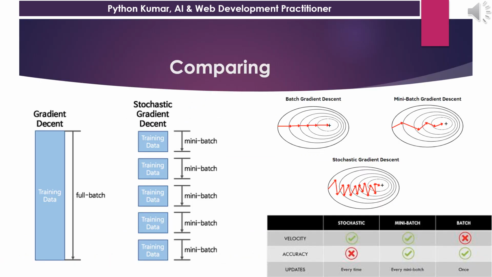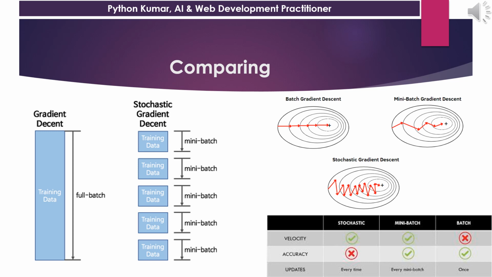Let's compare the three types of gradient descent that we learned earlier. You see on the left you have batch gradient descent, the stochastic gradient descent that cannot be drawn, and mini batch gradient descent. You see how you have divided the entire batch into small chunks of data, and while doing gradient descent, that is how it stops the water flow.